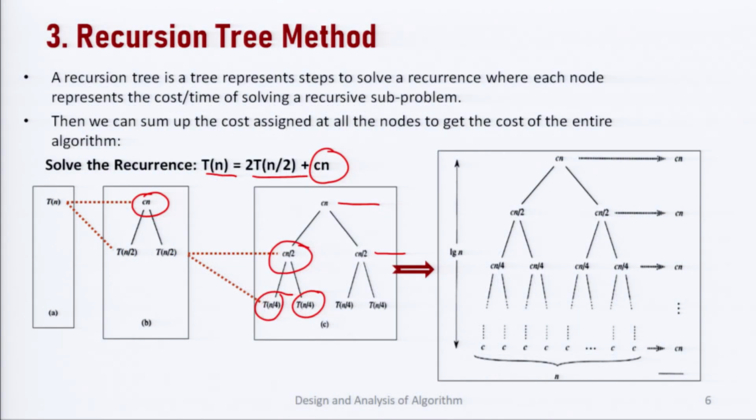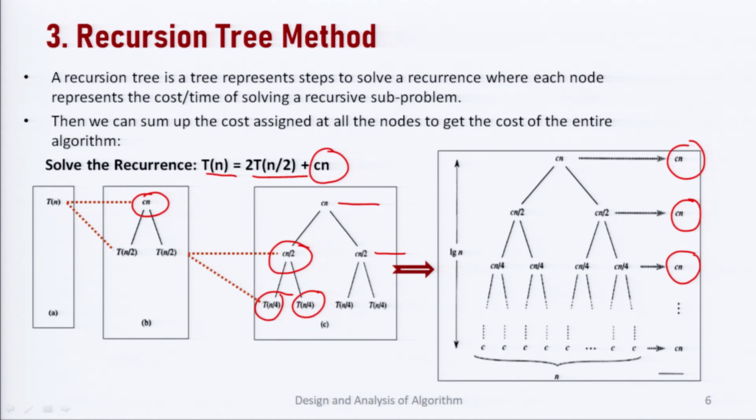So, in each level of this recursion tree the total cost is Cn. If we are able to find the total number of levels in this recursion tree and multiply it by Cn, we can get the complete cost of this recursion tree.